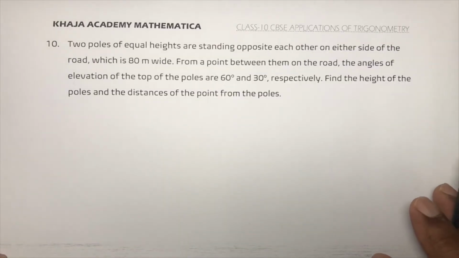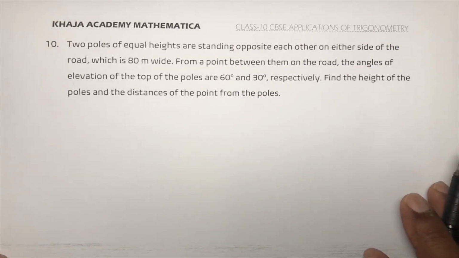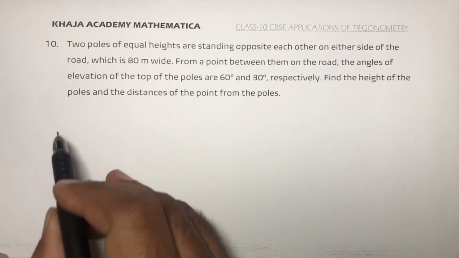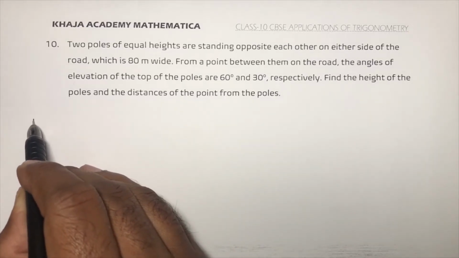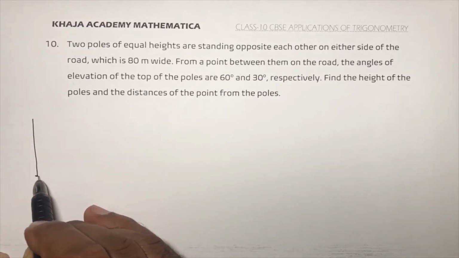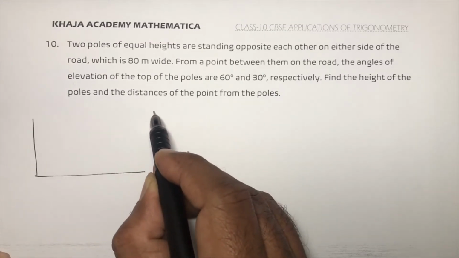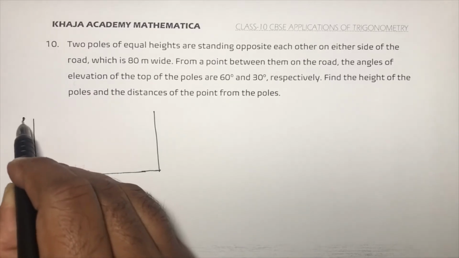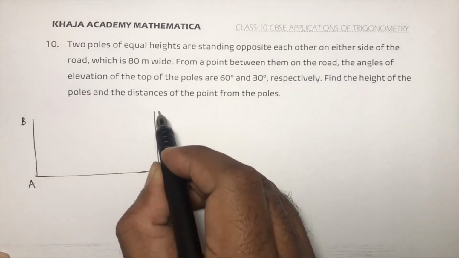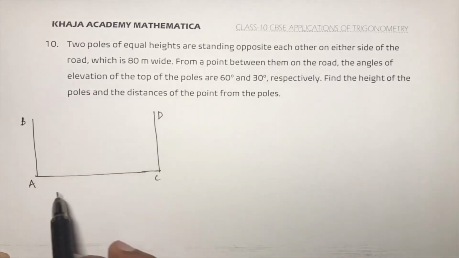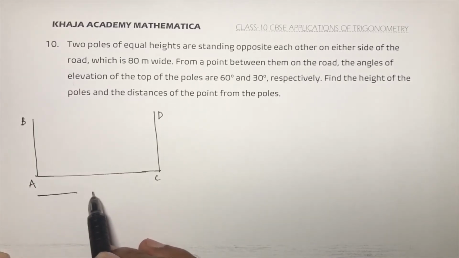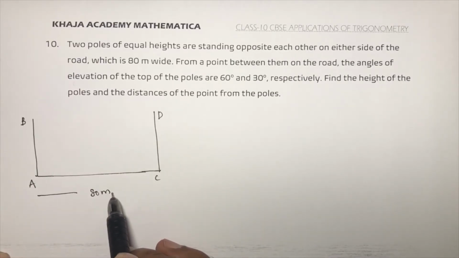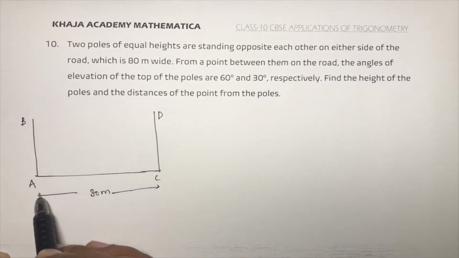Two poles of equal heights are standing opposite to each other on either side of the road. So here, two poles on either side of the road, AB and CD, and the road is 80 meters wide.